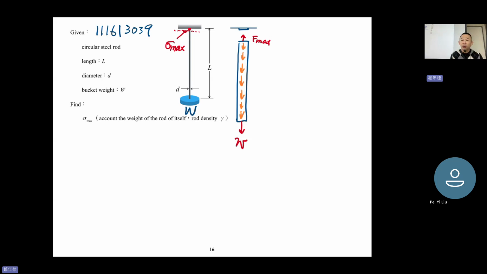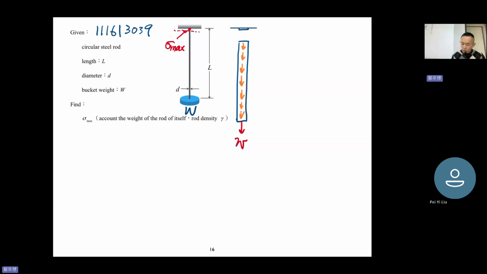Yeah, they're all stable, so they won't fly away. So if you cut it, you should draw something at that section you cut. Otherwise, this part will fly away.